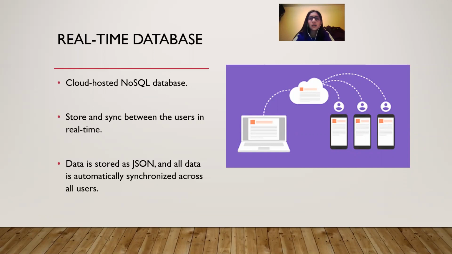The data is stored as JSON files and the data is automatically synchronized across all the users. I wanted to use it to get the scores of my users in my Hangman game. As soon as the user enters their score after finishing their game, it is stored in the database and I can pull it from there at the same time.